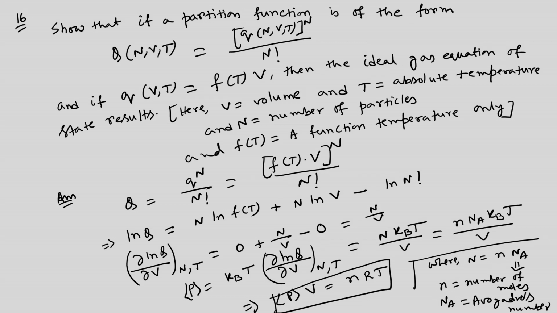Substituting, we get N kB T by V, and then pressure times volume gives nRT, where small n is the number of moles and Na is the Avogadro's number.